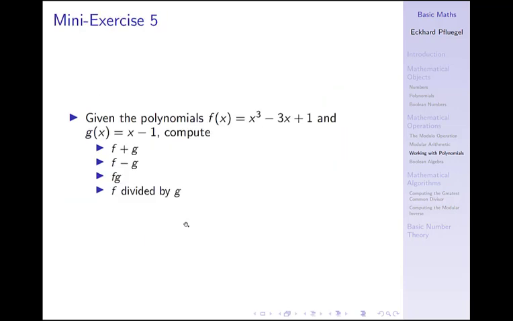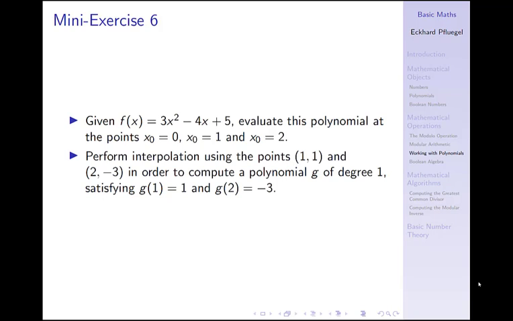You can practice now the polynomial arithmetic based on this mini exercise. So just compute the sum and the difference and the product of those two polynomials, x cubed minus 3x plus 1 and x minus 1, and then also try to divide f by g using the division with remainder algorithm. And finally, practice the evaluation and interpolation tasks based on this polynomial here.